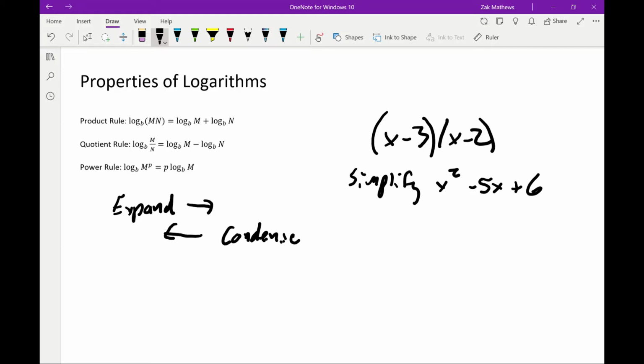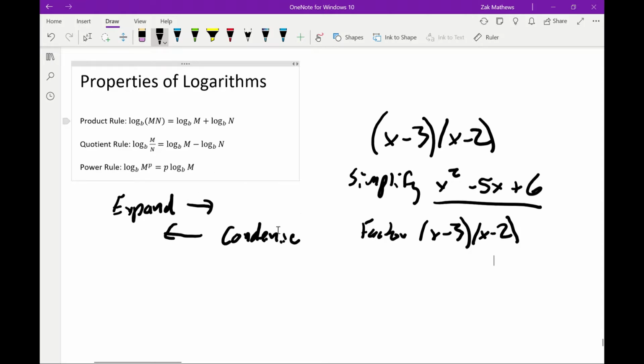But then we could also take an expression like this, and we could factor it as x minus 3 times x minus 2. So this is kind of the similar thing, what we're doing over here. Condensing is kind of like simplifying. It's putting it back together as that simple, just written out expression, not breaking it apart. Expanding, we're breaking that thing back apart.